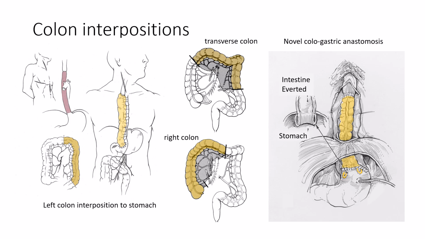Colon interpositions can be based off of the left colon, the right colon, and in this particular illustration to the far right, you can see where the intestine is everted into the stomach to prevent a reflux scenario and provide some portion of a fundoplication or anti-reflux valve as the colon is dunked into the stomach for the cologastric anastomosis.